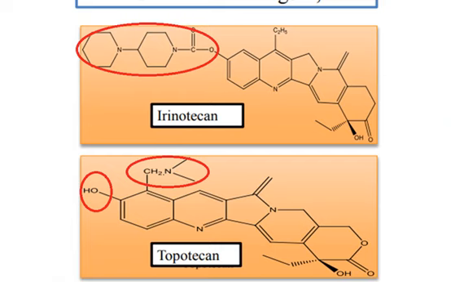So this is ring A, this is ring B, C, D, and E. Here oxygen is missing actually, so you can put oxygen here, right? When we carry out the changes in ring A and ring B, what we have done is attach a substituent at this position of ring A, right? With this substituent on ring A, this molecule becomes more potent, and when we have an ethyl group here, the activity is retained and also enhanced.